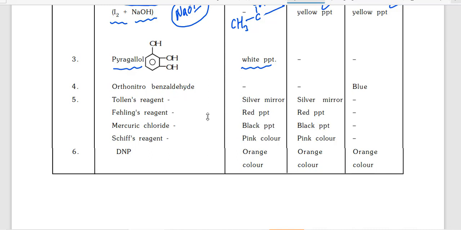Then orthonitrobenzaldehyde is given only by ketones. That is the ketone confirmation test, giving blue color. Then Tollens test, which we just discussed, is given by aldehyde, silver mirror. Formaldehyde is giving, acetaldehyde is giving, ketones are not giving.